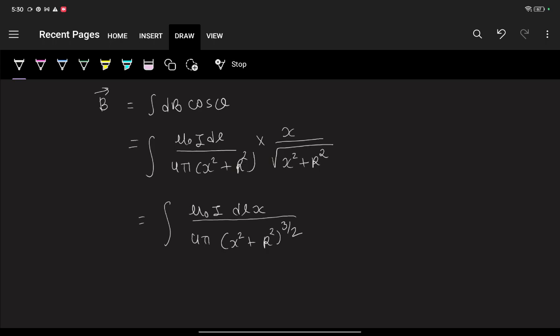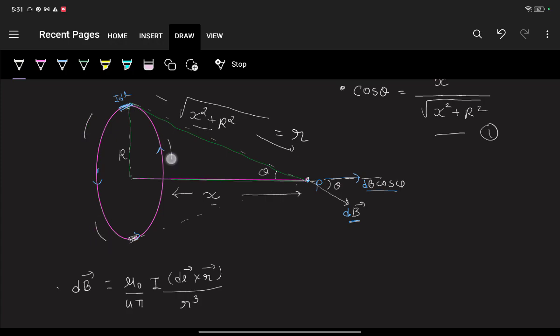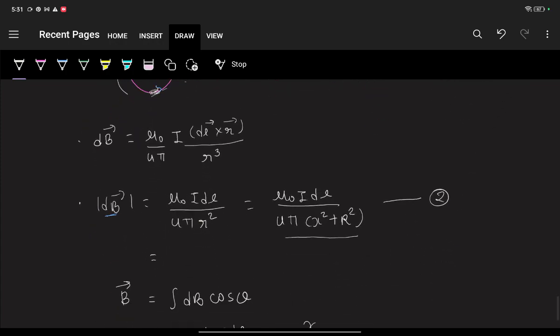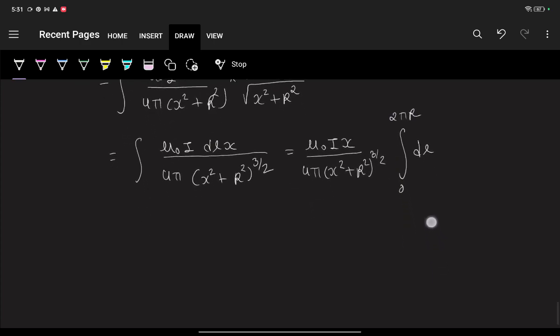So we take out the constants: mu naught I x divided by 4 pi into x square plus r square to the power 3 by 2, outside of the integration. It will be simply dl. And what is dl? It is the perimeter of this circle, right? The circumference of the circle. Yes, sir. So it will be 0 to 2 pi r. And what is the integration of dl?